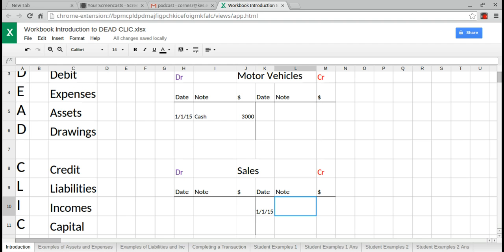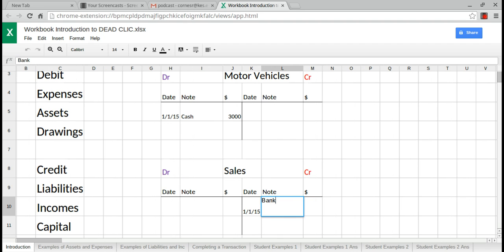Because we're getting paid by check, the opposite entry will go in the bank. And finally, we'll put the $2,000 in, and that's an example of completing both a debit and a credit entry in a ledger account.